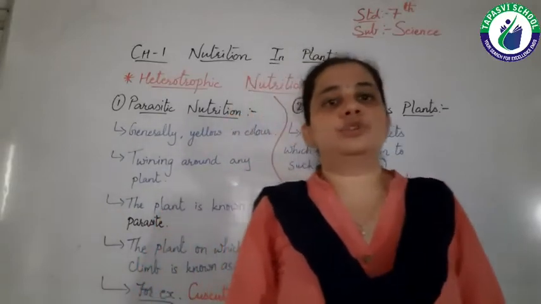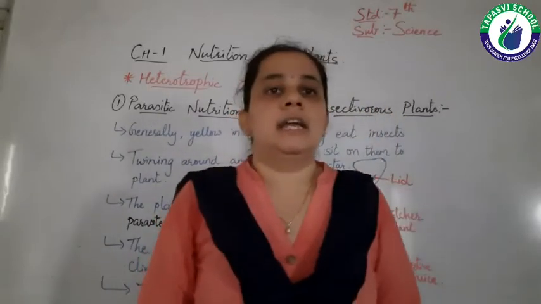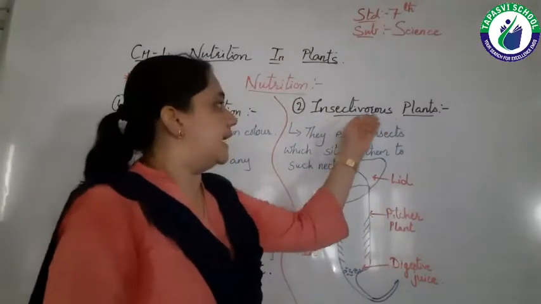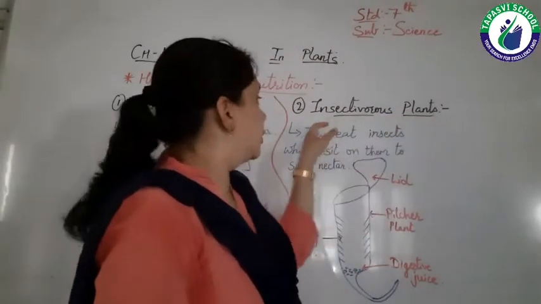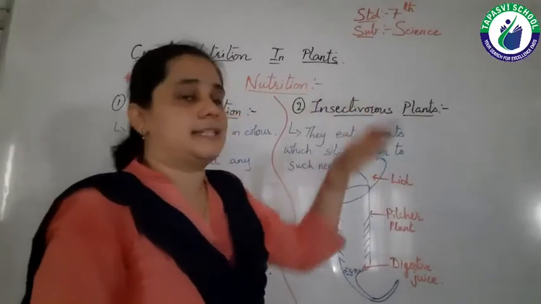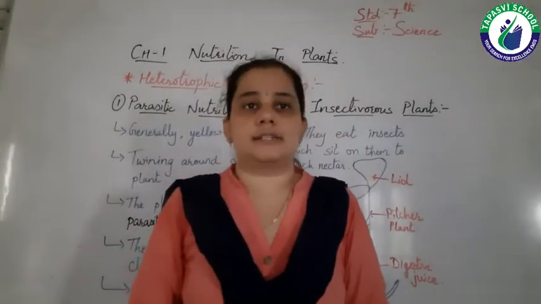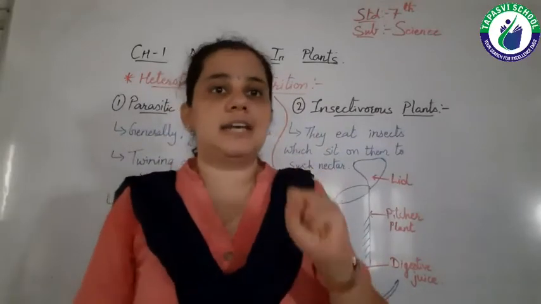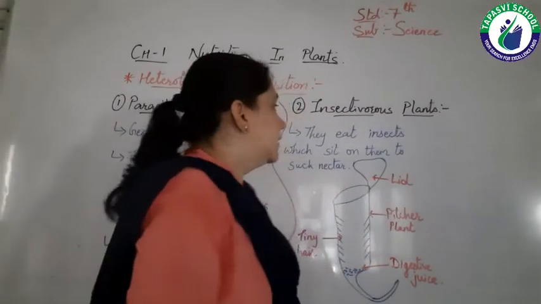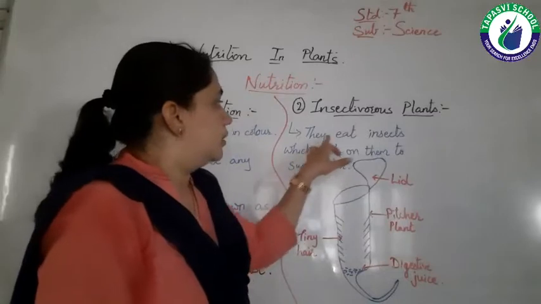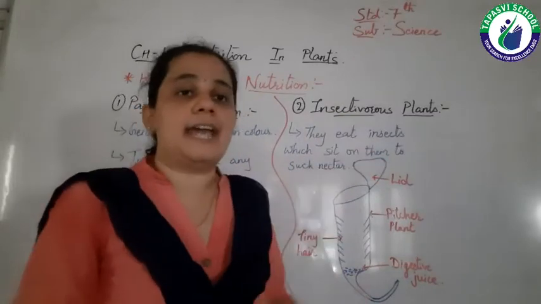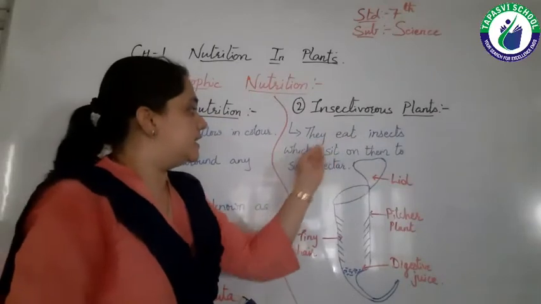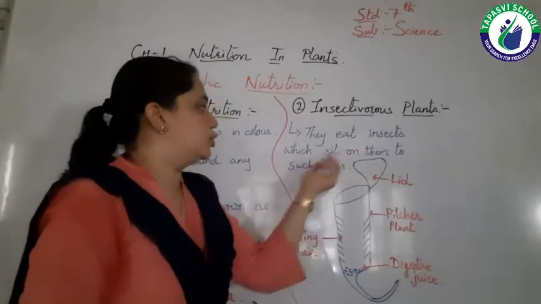Now let's move towards another type of heterotrophic nutrition, that is insectivorous plants. The name suggests insectivorous, means they depend on insects, they eat the insects and get the nutrition from them. They eat the insects which sit on them to suck the nectar.